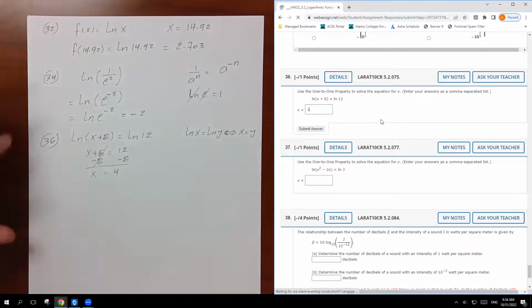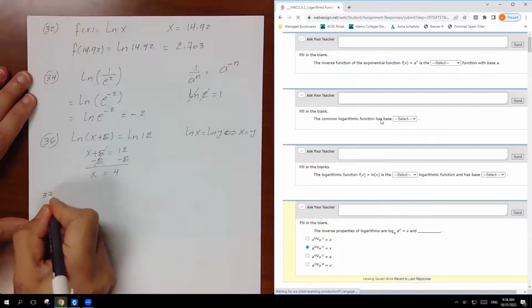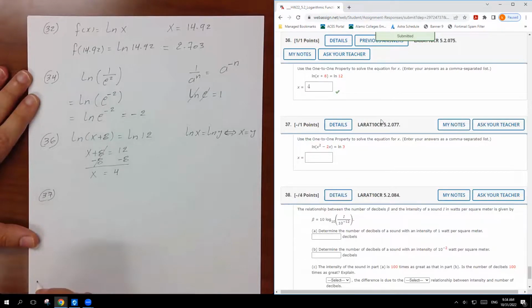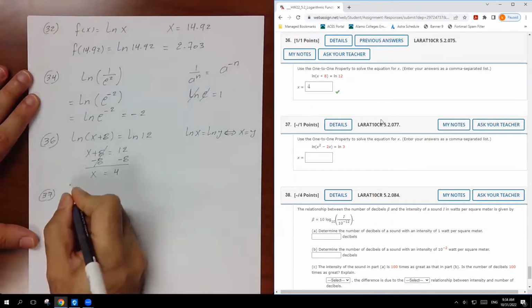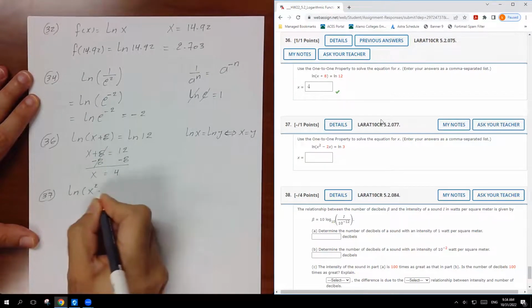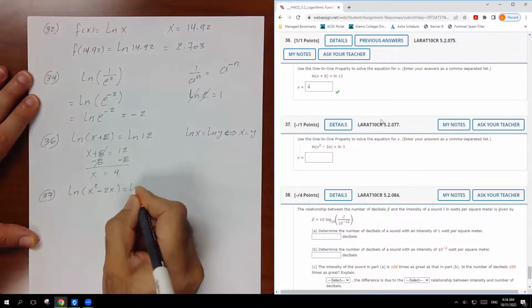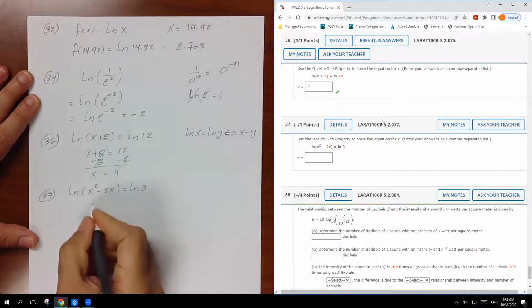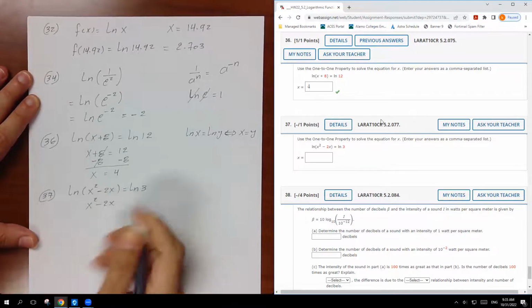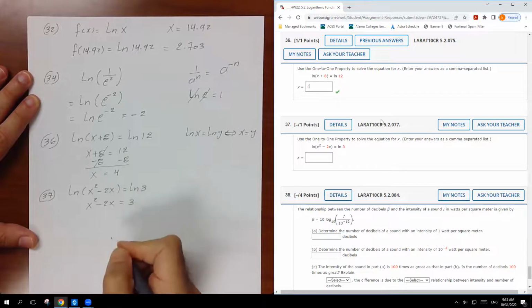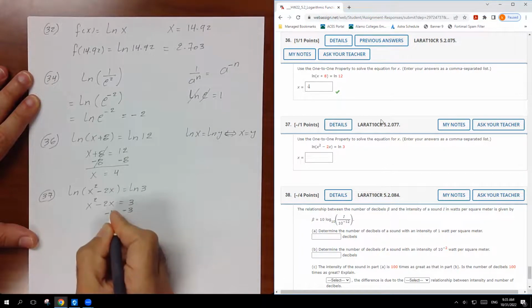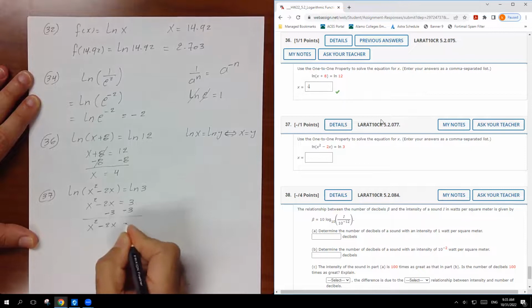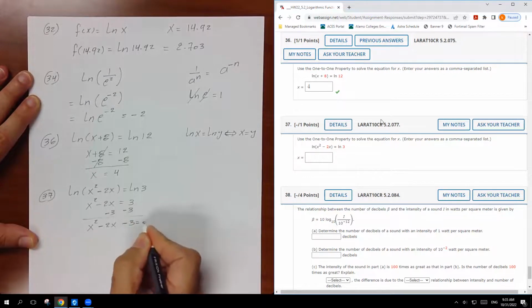With example 37, now we have ln(x squared minus 2x) equals ln 3. Using the same property, x equals y, so x squared minus 2x equals 3. Minus 3 from both sides, so x squared minus 2x minus 3 equals 0.